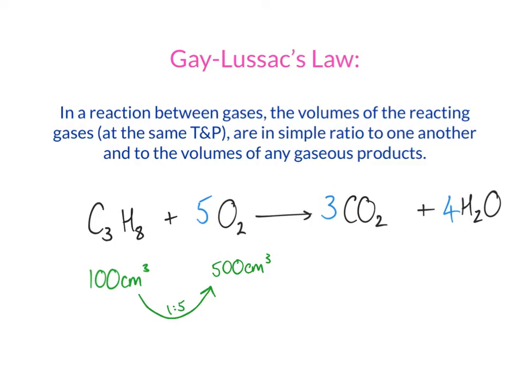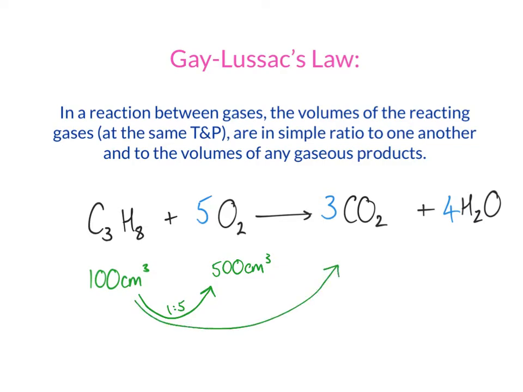Because all of our products are going to be gases, so oxygen's a gas, propane's a gas, carbon dioxide's obviously a gas, the water is going to in fact be steam at this temperature, because this reaction will be highly exothermic. This is a fuel burning, it's going to release a lot of heat. And so the water produced will be in the form of steam. It will be a gas as well.